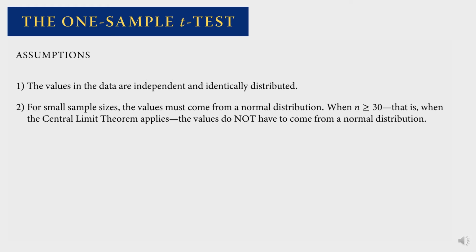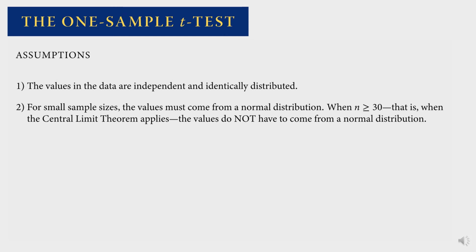The t-test assumes that the sample mean has a normal distribution. If the population itself is normal, then the sample mean will always be normal. If the population is not normal, then the central limit theorem says that the sample mean will be approximately normal when n is greater than or equal to 30 or so. So as long as your sample size is greater than 30, this test should still work.